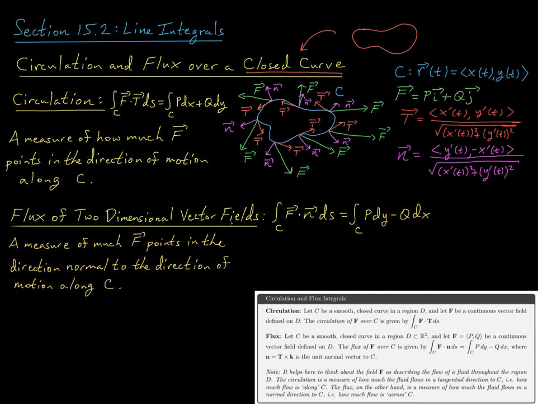But for a two-dimensional vector field, the idea is instead of measuring the tangential components as we move along the path, we're going to measure the normal components of our field. So the flux here is going to be a measure of how much our field F points in the direction normal to the direction of motion along C.